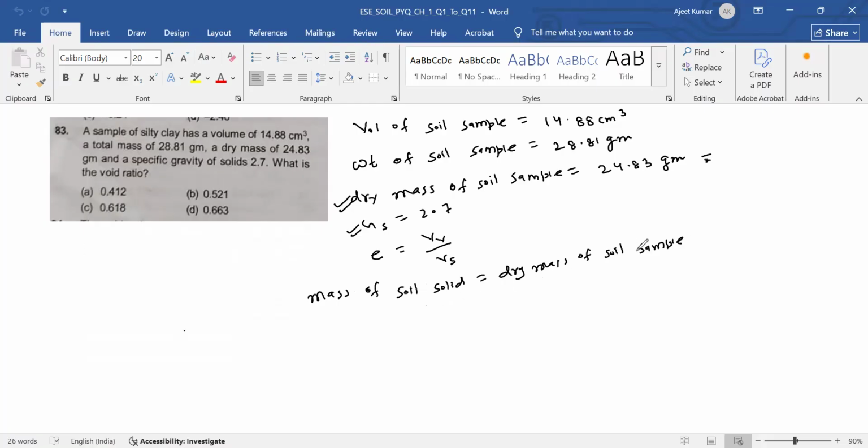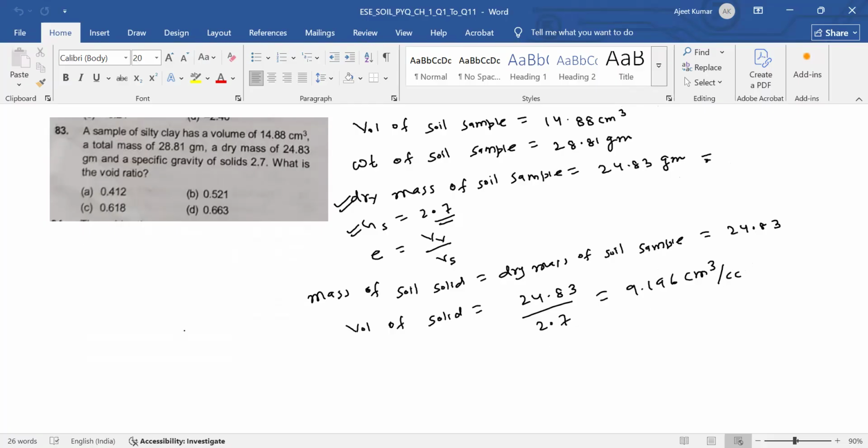So the dry mass is 24.83. Using the specific gravity, the volume of solid is equal to 24.83 divided by 2.7, which is 9.196 centimeter cube, or cc.